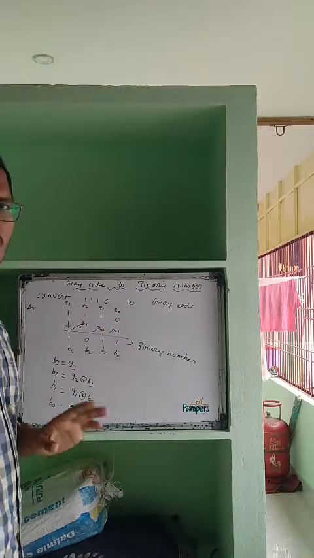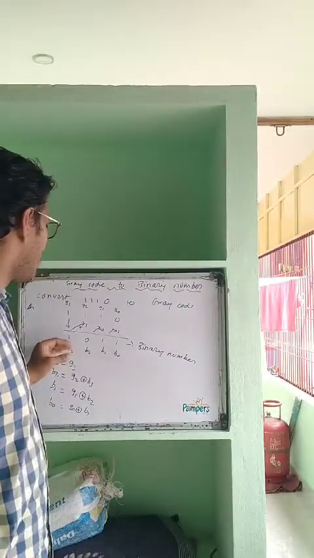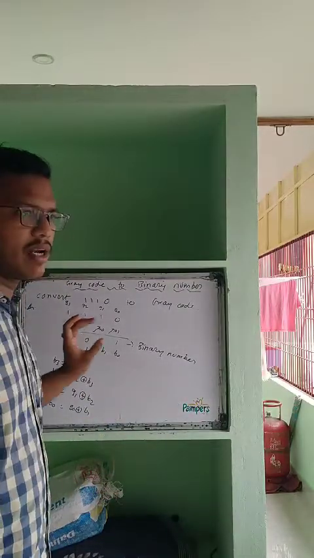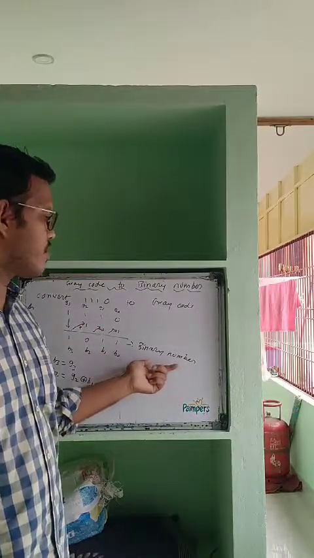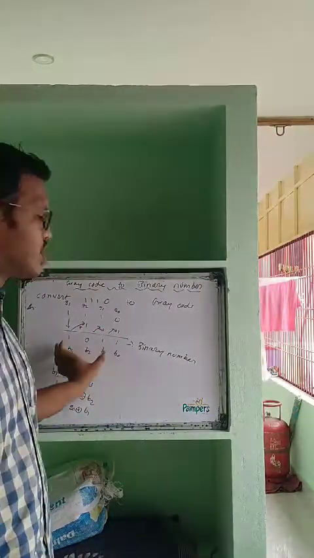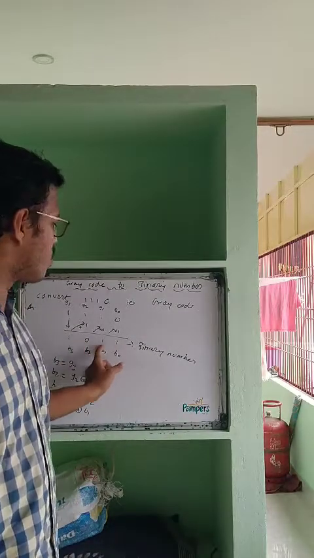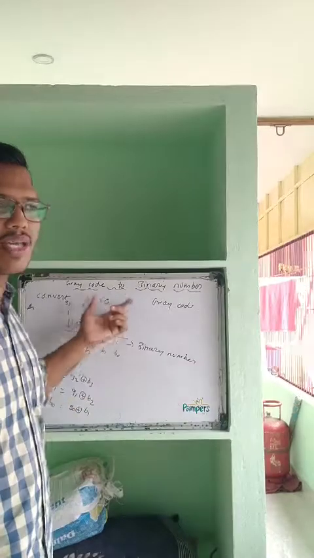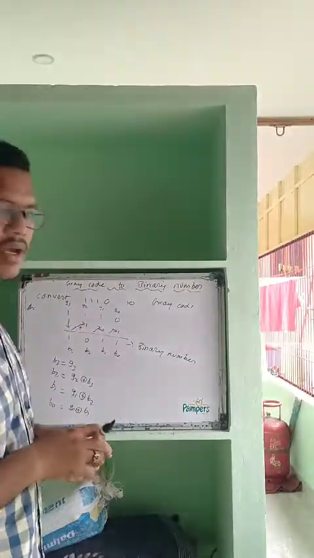For decimal number 11, the binary number is 1011 and the corresponding gray code is 1110. Thank you.